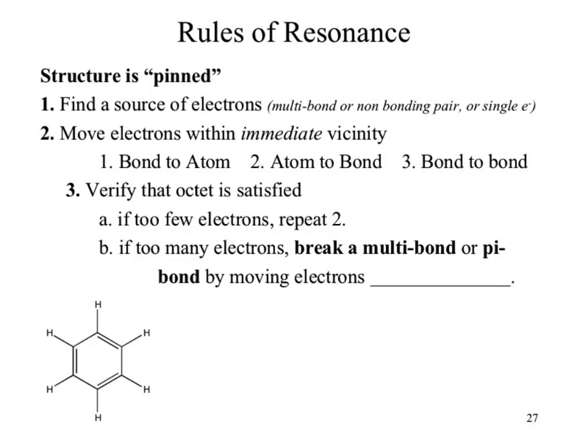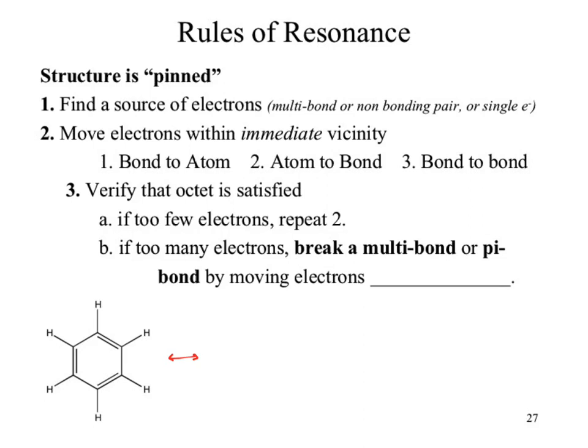So, what can we move? Pi bonds, our multi-bonds. These are the only things we've got. Which one? Why any of them? You could do all 3 at the same time.